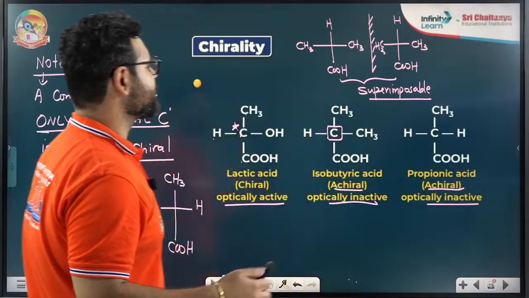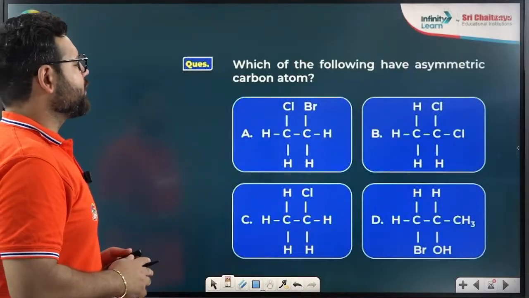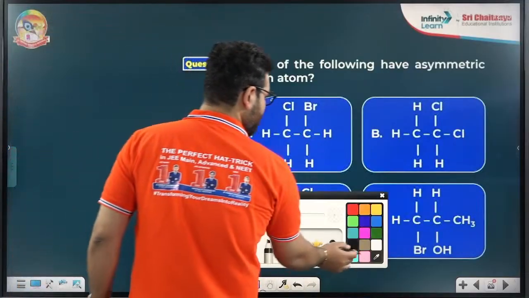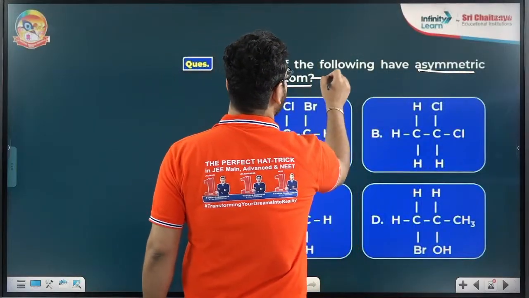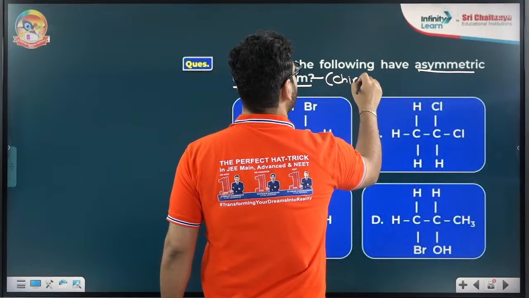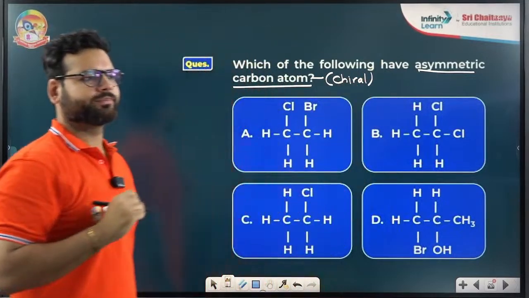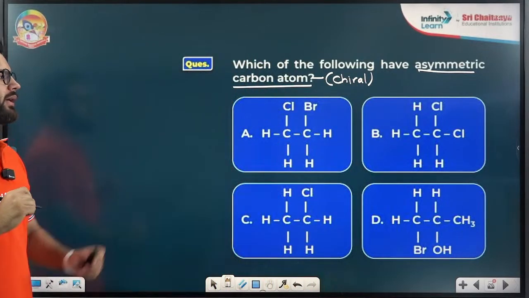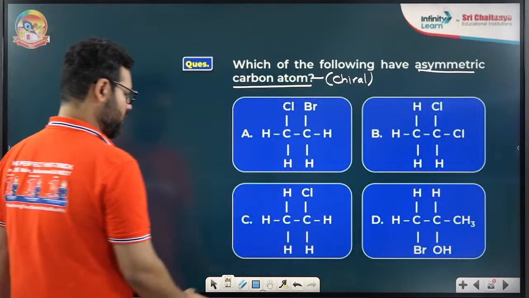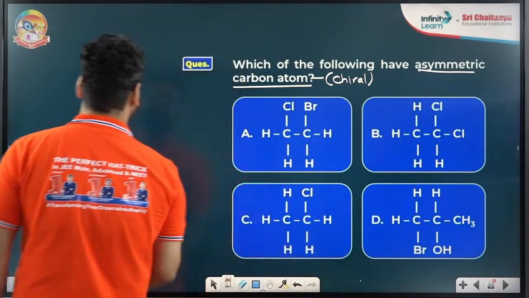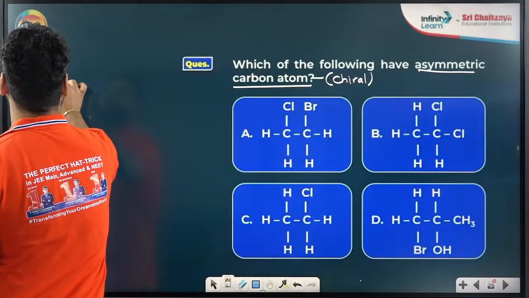So can you tell me among these, which of the following contain an asymmetric carbon atom? Asymmetric carbon atom means chiral carbon atom. Who contains a chiral carbon? And another question, I'm writing here, question number 2.